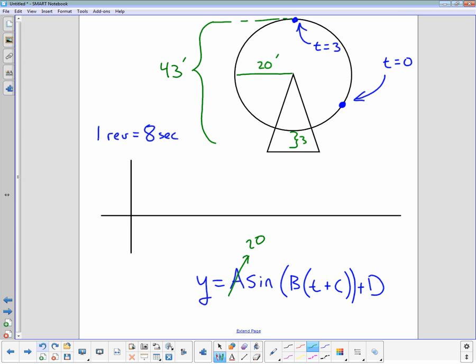Where is the midline of this wave? How high above the ground? 23 feet above the ground.